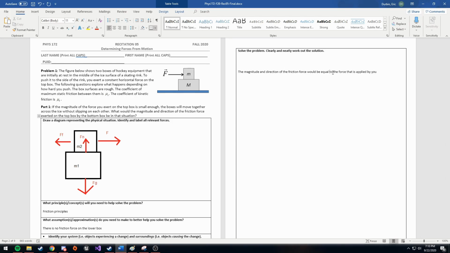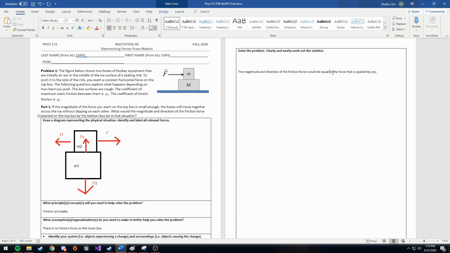So basically, the friction is still counteracting. Because imagine the bottom box was not moving, and you were pushing on the top box. Then the top box would just slide off if the friction wasn't in the opposite direction. Because there's no friction on the ice, that's why the bottom one is moving.